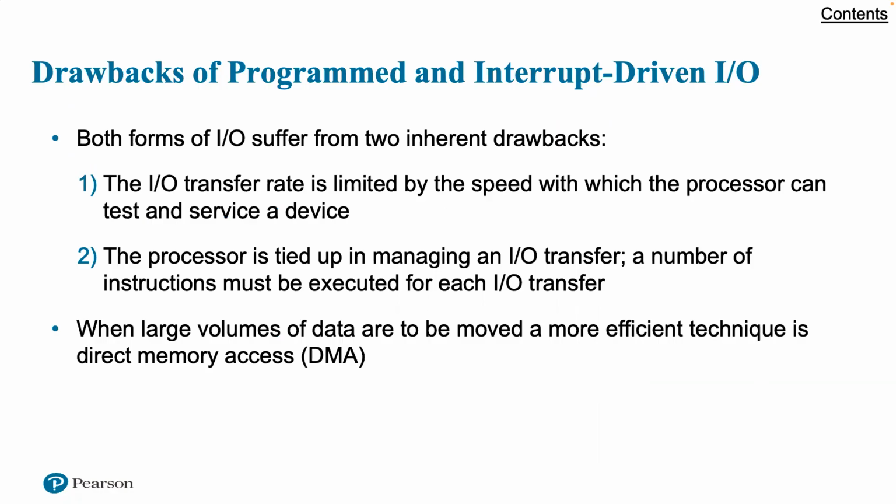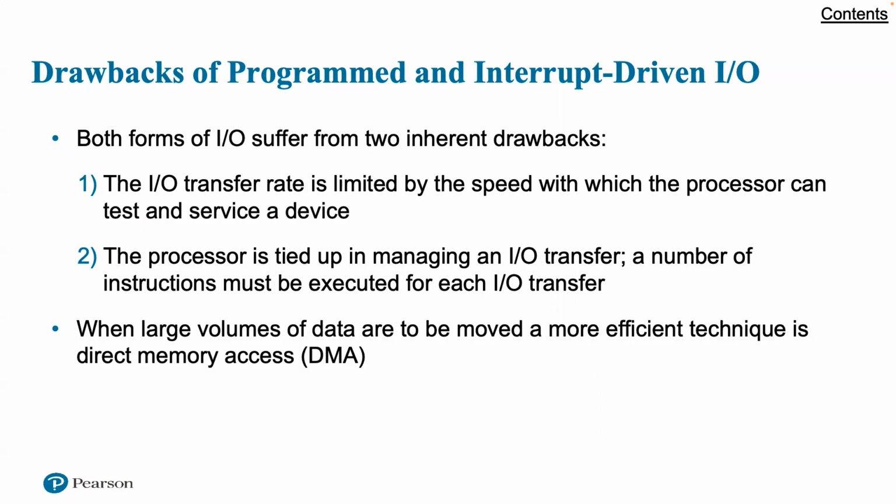So what are the drawbacks of programmed and interrupt-driven IO? Interrupt-driven IO, although more efficient than simply programmed IO, still requires the active intervention of the processor to transfer data between memory and an IO module, and any data transfer must traverse a path through the processor.